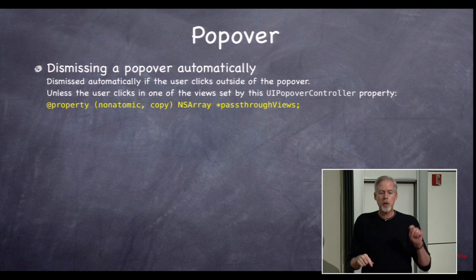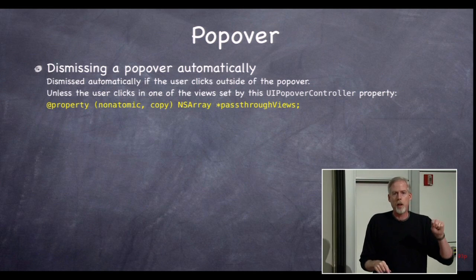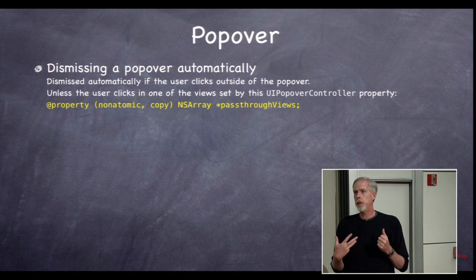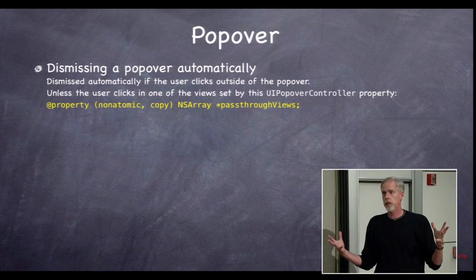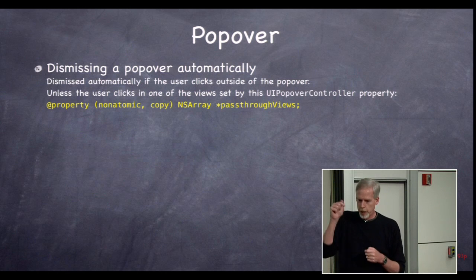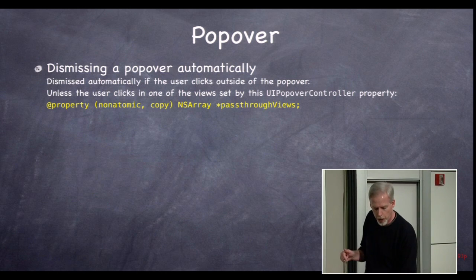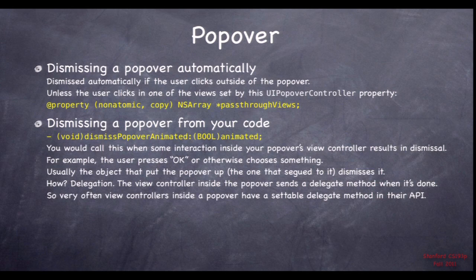In other words, you can make it so that there are certain places on the screen outside the popover that, if the user touches them, don't dismiss the popover. You could even make it the whole screen, and then they can only dismiss the popover by touching something in the popover. Now, when you touch something in the popover, how does it get dismissed? The answer is dismissPopoverAnimated is called on the popover.